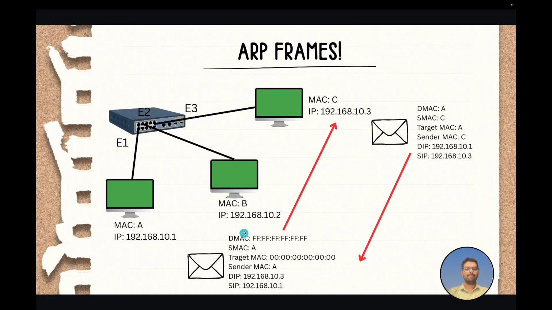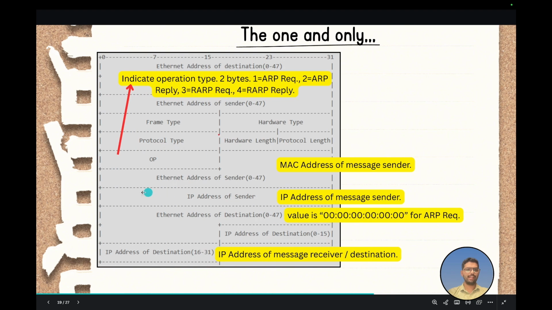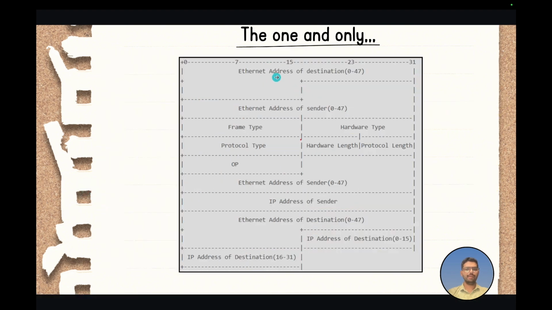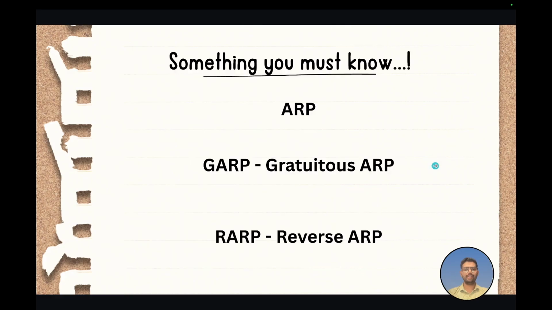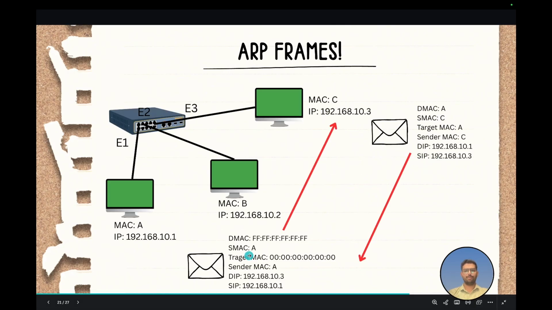Now the sample ARP request packet looks like this. These are the key fields from this packet. We'll keep destination address, address of sender, and these 4 fields: address of sender, IP address of sender, destination address, and IP address of destination. These 4 fields we'll take, and we'll see how packets are formed.